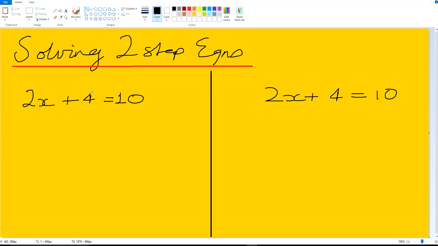We're going to call this side method number 1. So we have method 1 on this side, M1, and method 2 on this side.